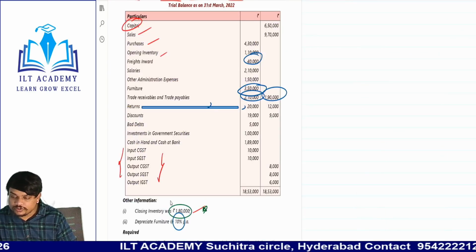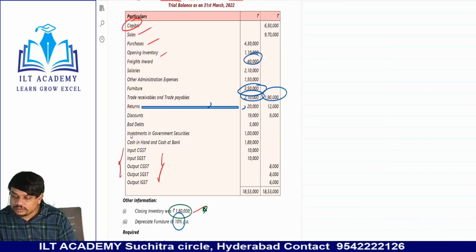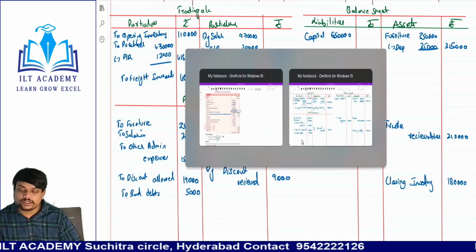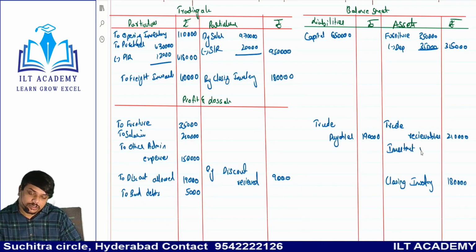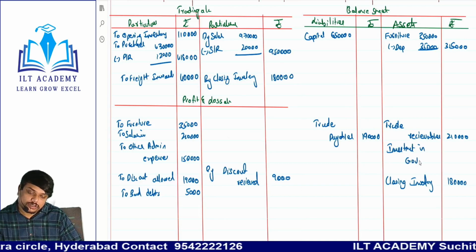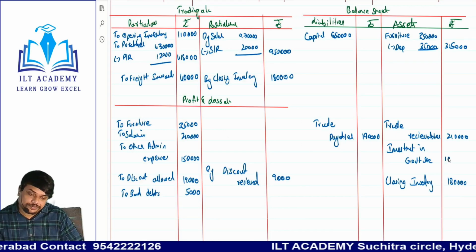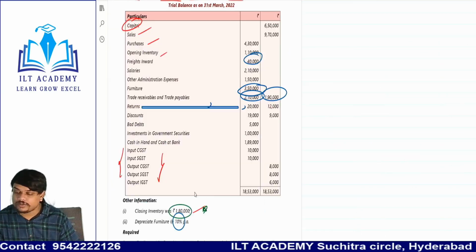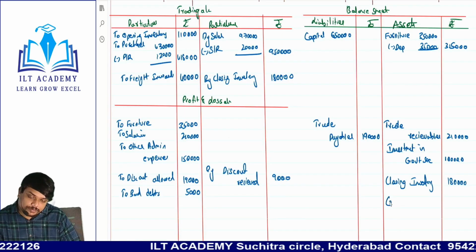Bad debts amounted to 5,000. Next investments in government securities 1 lakh. Cash in hand, cash at bank 1,89,000.